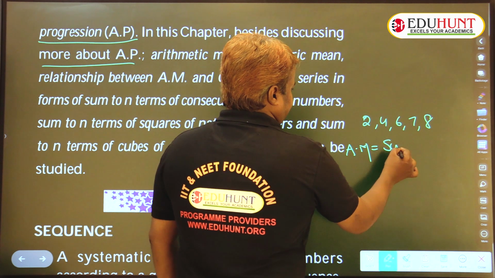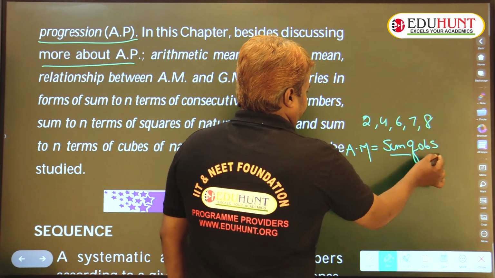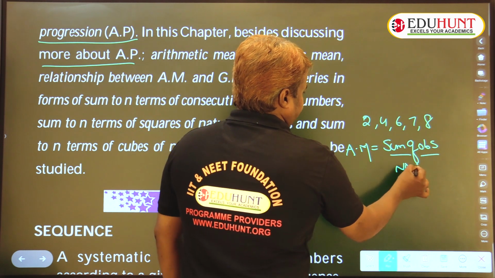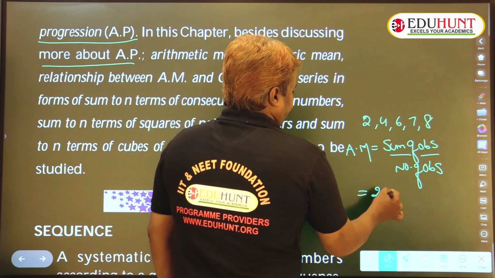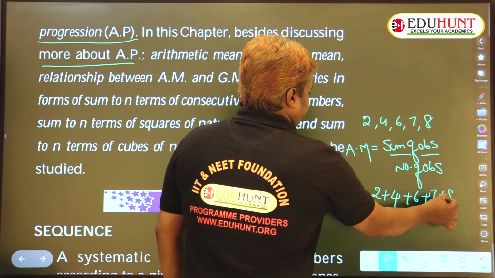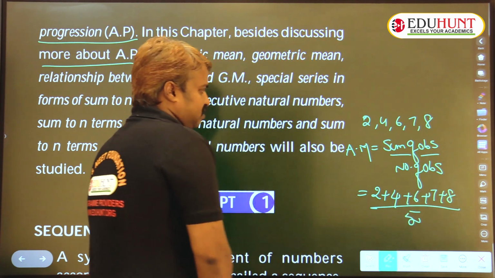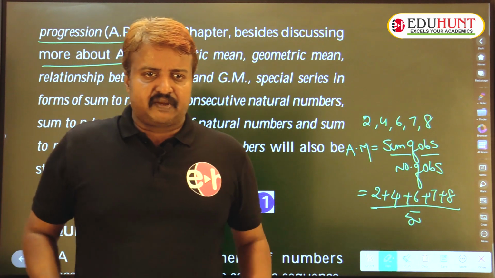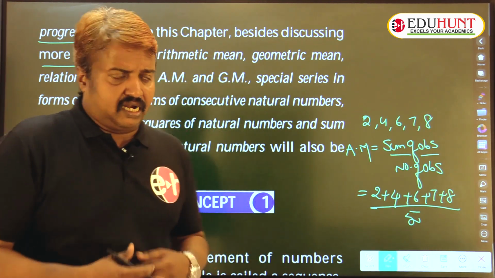The formula is nothing but sum of observations divided by number of observations. You can take 2 plus 4 plus 6 plus 7 plus 8 divided by 5, children. Then whatever the answer is, that is the arithmetic mean.